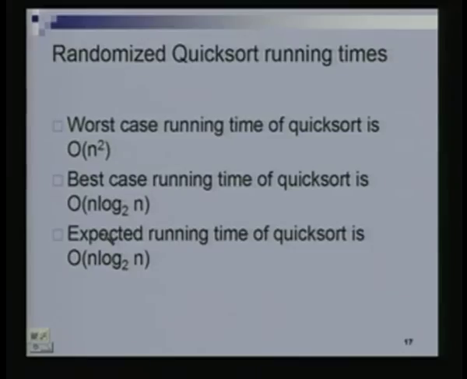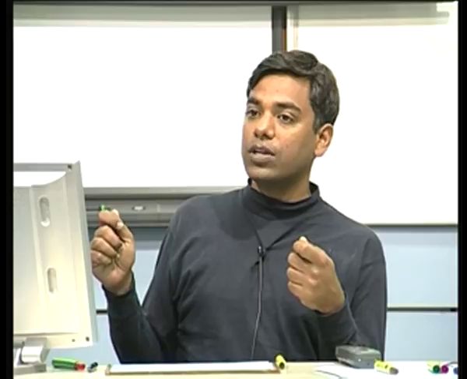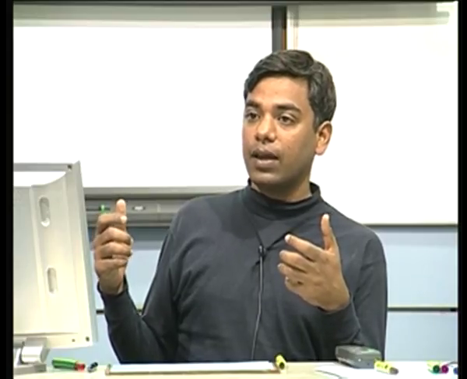This behavior is similar to what we also saw in the last class, when I'm trying to insert n elements into a binary search tree. What is the worst case time? N square. It happens when my sequence is sorted. What is the best case time? N log n, again.